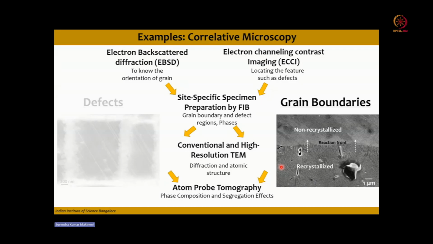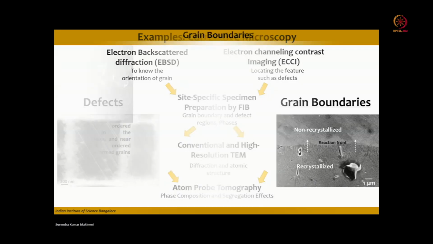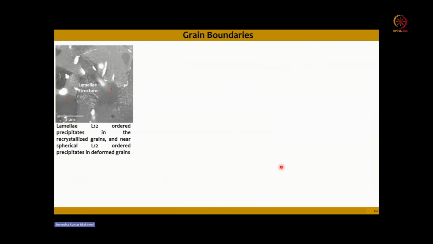So my student Nitin has taken a multi-component alloy with nickel, cobalt, chromium, and aluminum, where aluminum has a tendency to form L12 precipitates with the nickel, cobalt, chromium matrix. They form a lamellar structure.